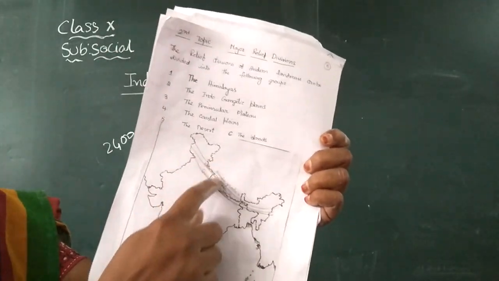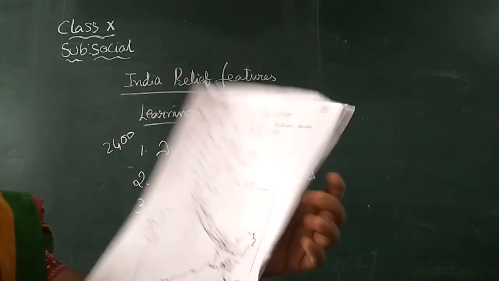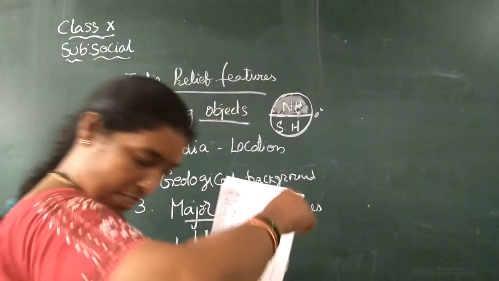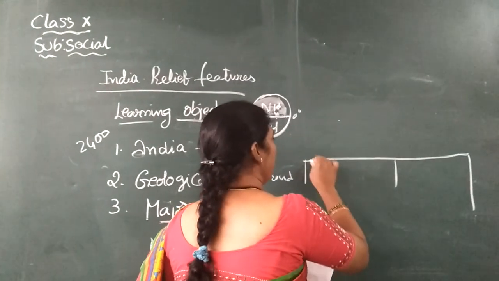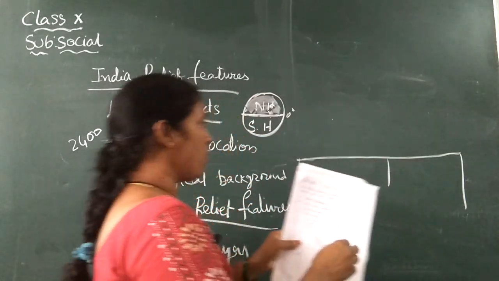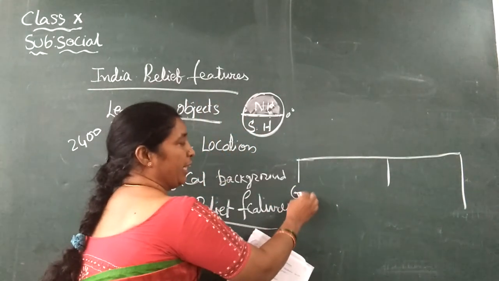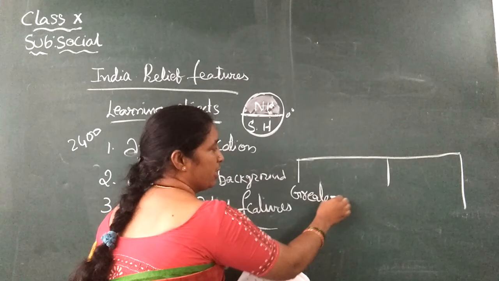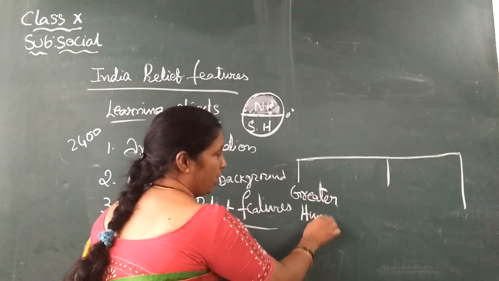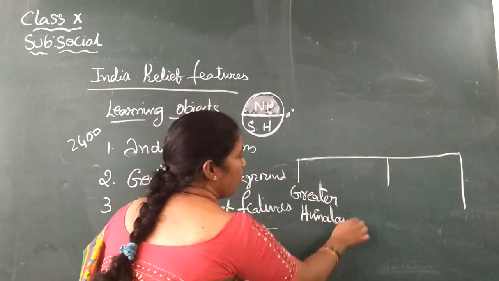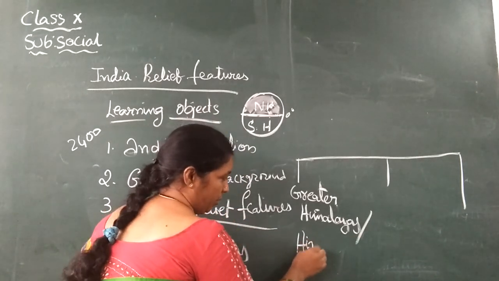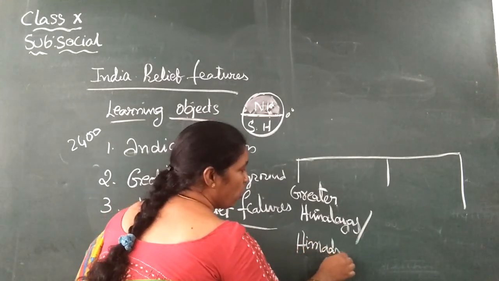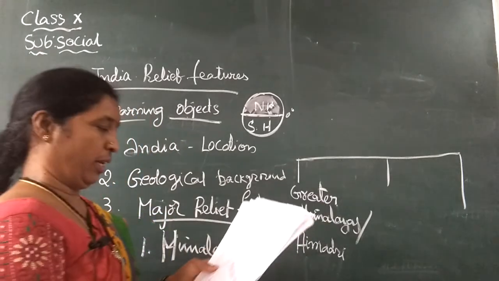There are three parallel ranges of the Himalayas. The first one we can call the Greater Himalayas, or Himadri.